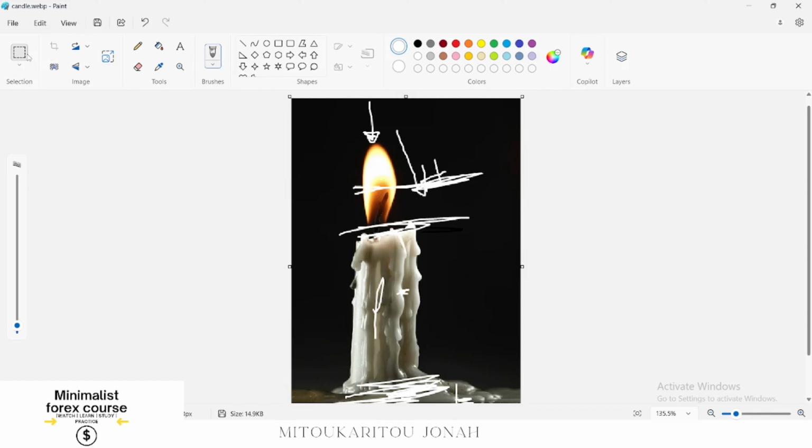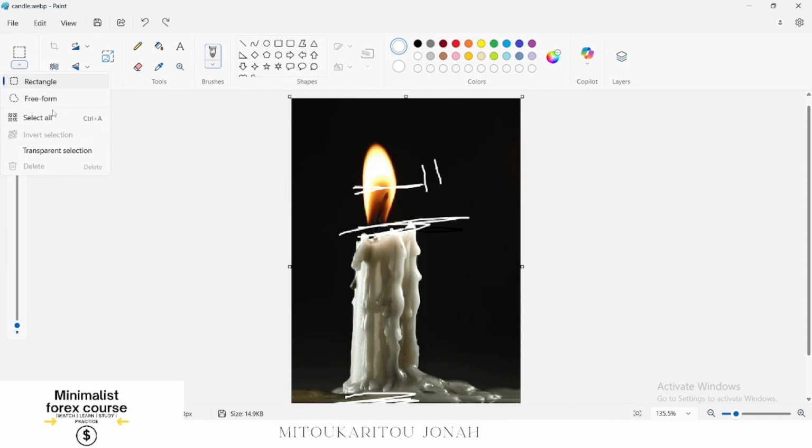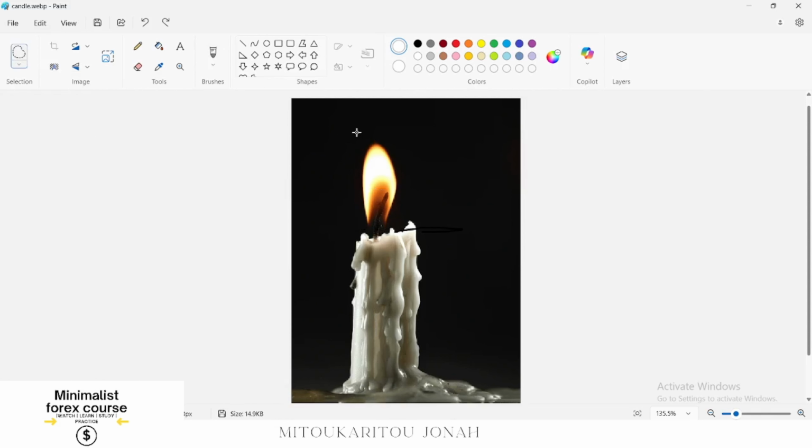Now I'm going to try to explain something here, so let me clear this. Freeform. If you cut this flame here, copy, paste, and flip it vertically.